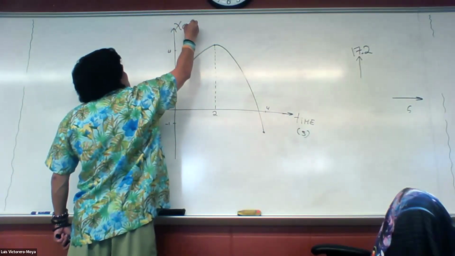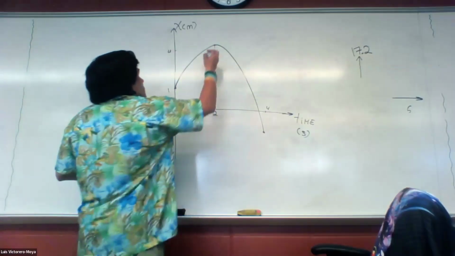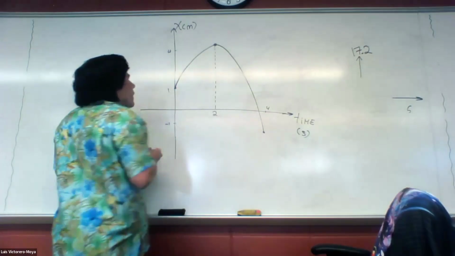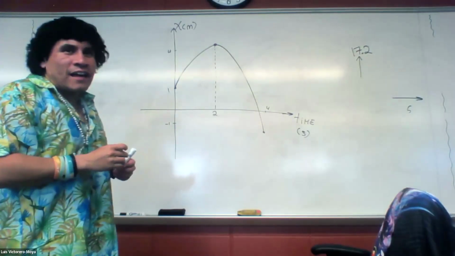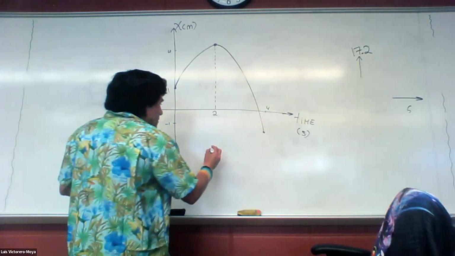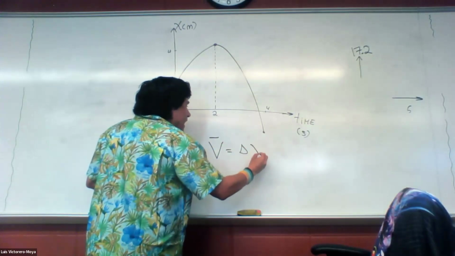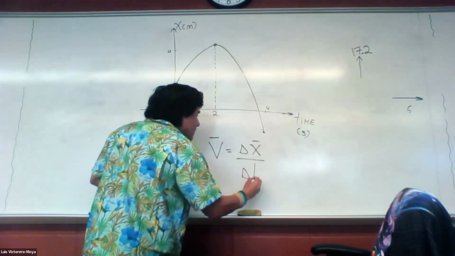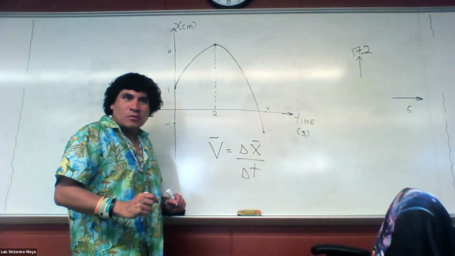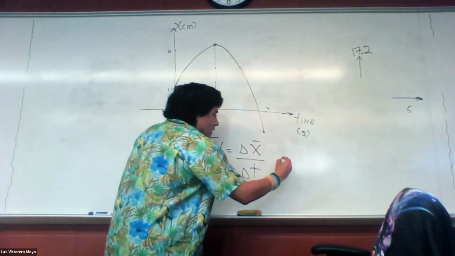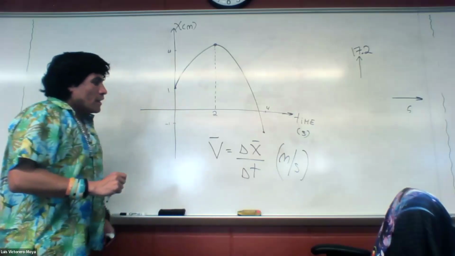Position X in meters. Okay. So velocity is delta X over delta T. Displacement over time. That's how you label it. Using symbols, using math. Meters per second, SI units.